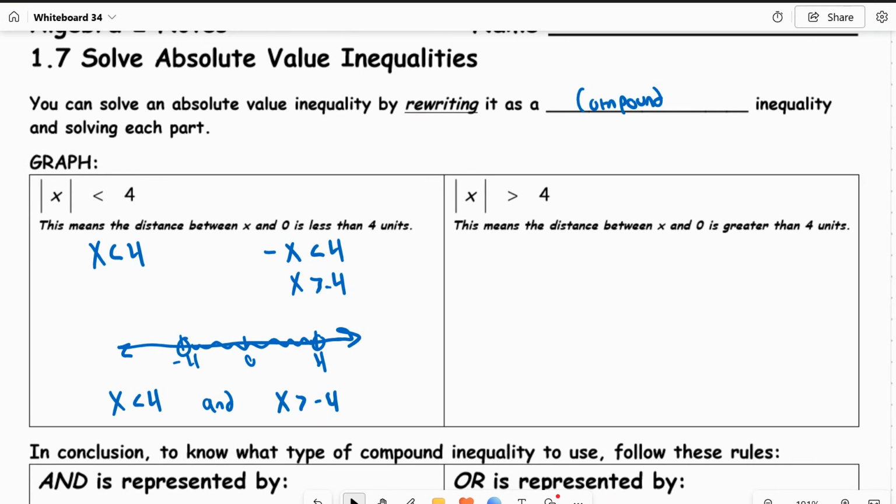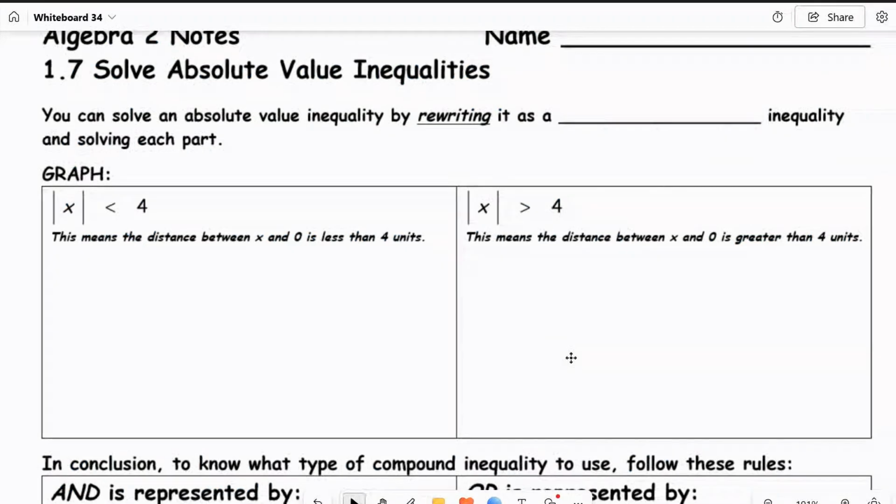But in the case that your absolute value is greater than whatever's on the other side, this is when you will have an "or" compound inequality. Same exact process. My positive case would be x is greater than 4.